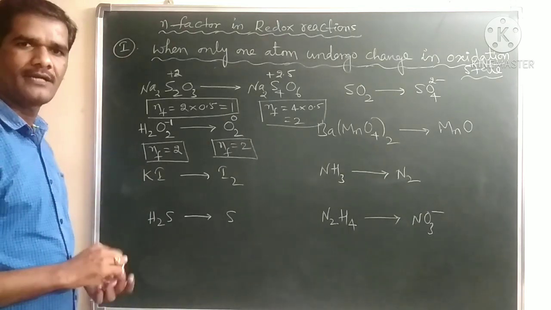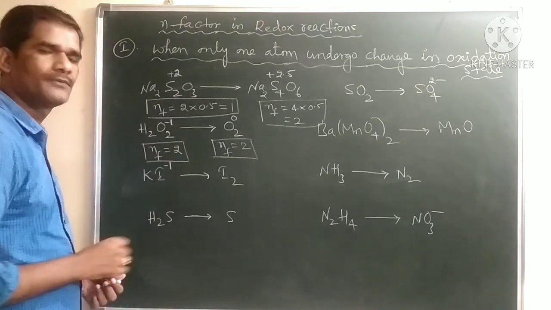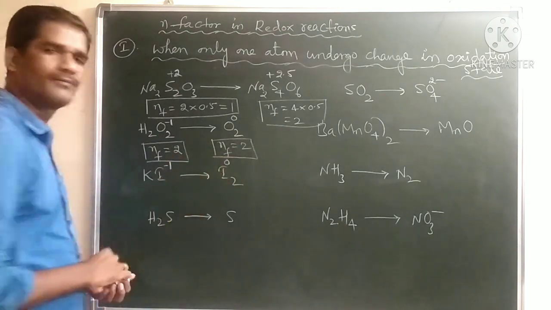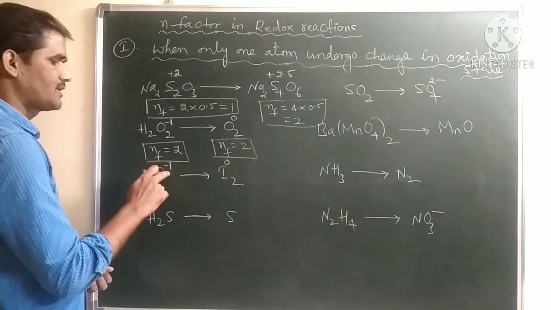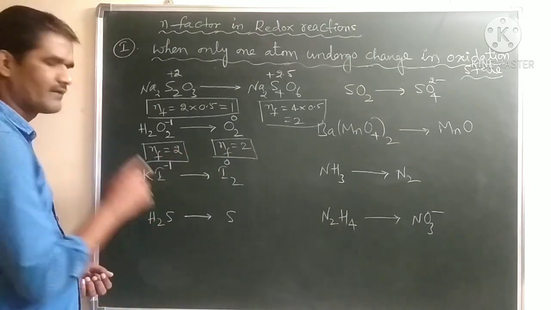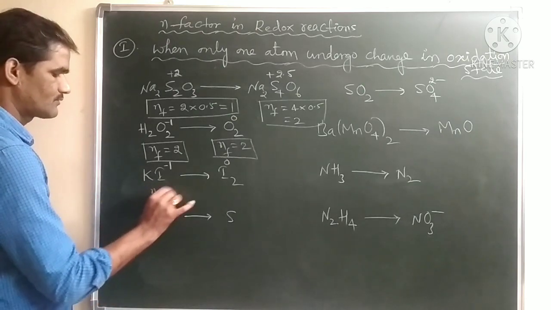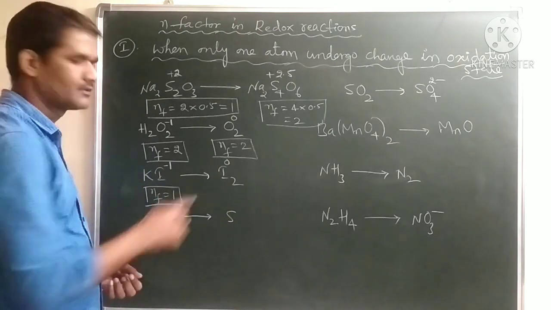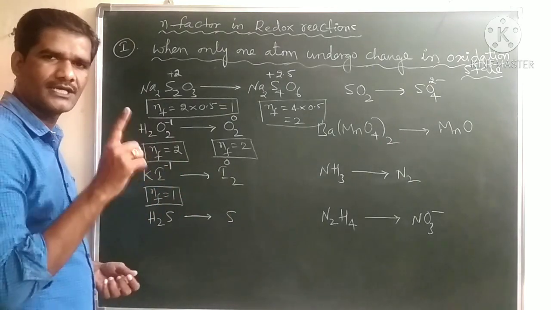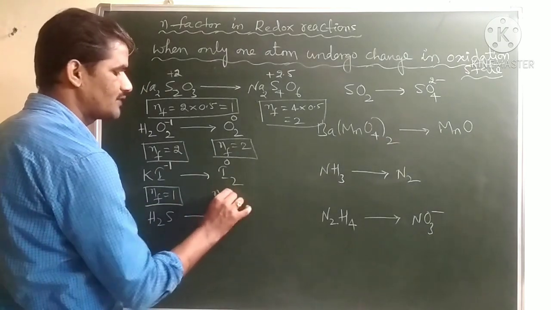Similarly, potassium iodide, here the iodine oxidation state is -1 and this one is 0. Again -1 to 0, how many changes? Only 1 change. Only 1 iodine is there in potassium iodide. So n factor is equal to 1. Similarly, I2, 0 to -1, change is 1. There are 2 iodines, so 2 into 1, 2.